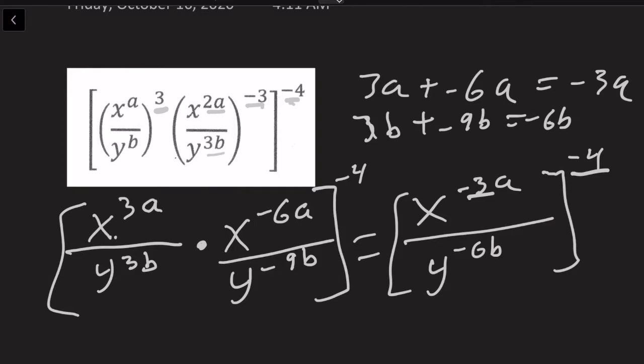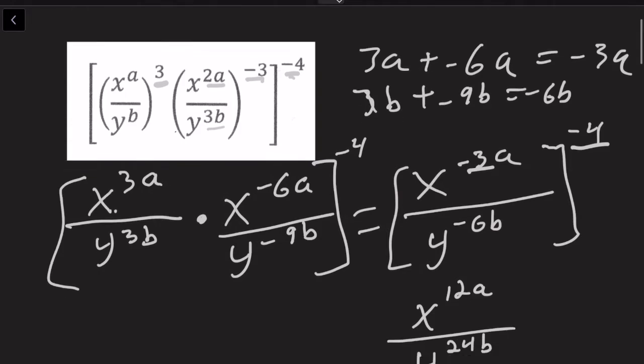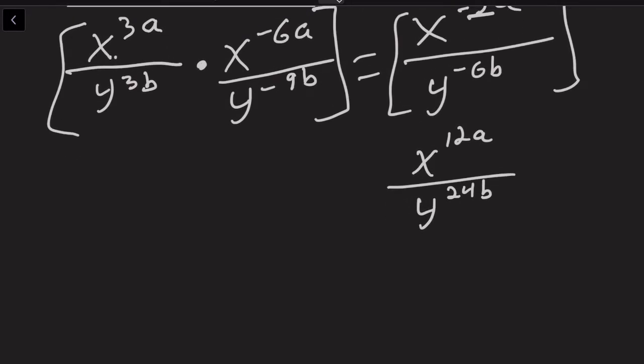So -3a times -4 is going to be 12a. So then the top is going to be x to the 12a over -6b times -4 is going to be 24b. So y to the 24b. So it's going to be x to the 12a over y to the 24b, and that's your final answer.